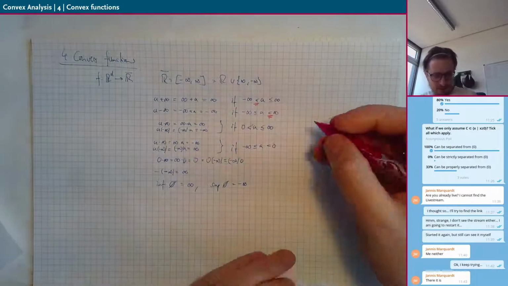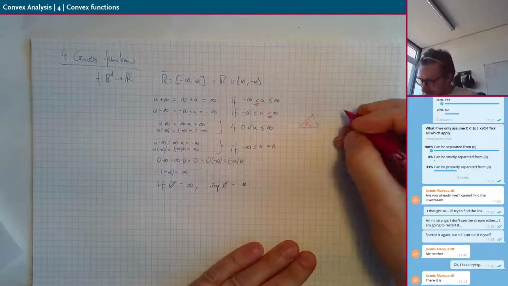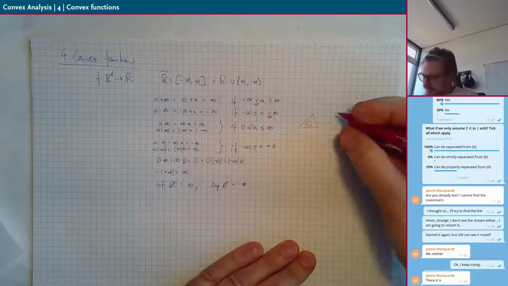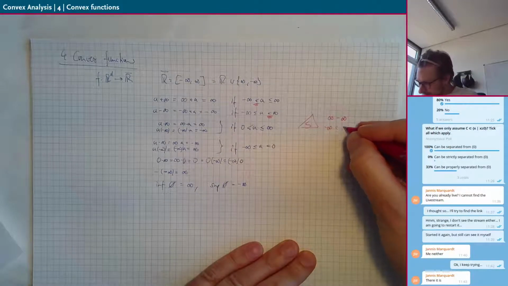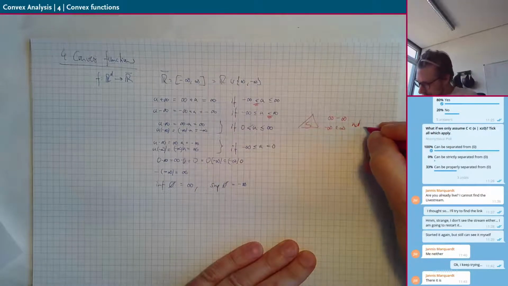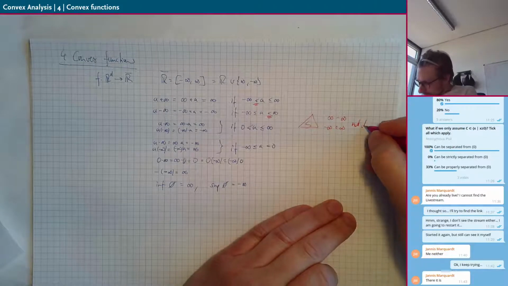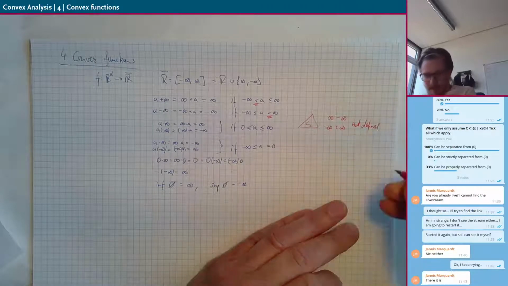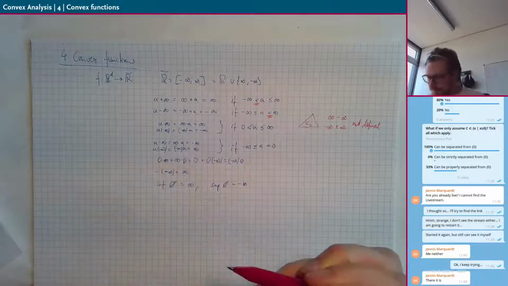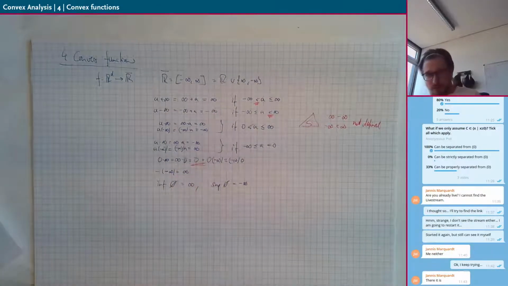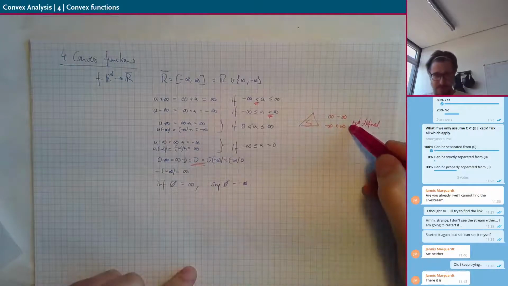Okay, and caution is always needed. What do we not define? Something like infinity minus infinity, and minus infinity plus infinity is not defined. We made a decision where we said 0 times infinity should be 0 in our case, but we do not make any decision about infinity minus infinity.